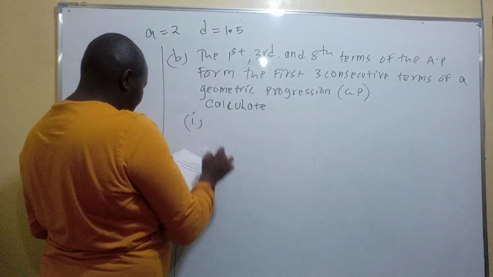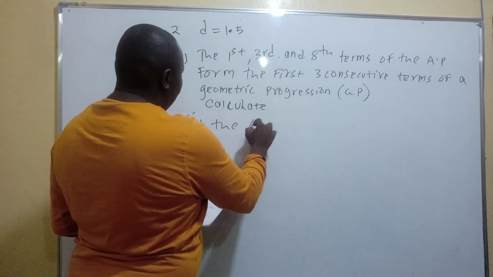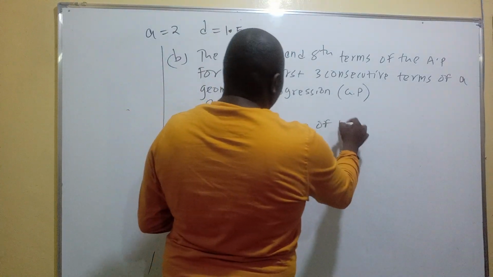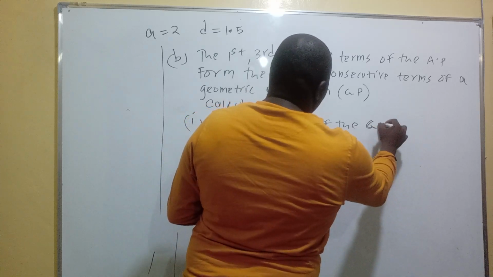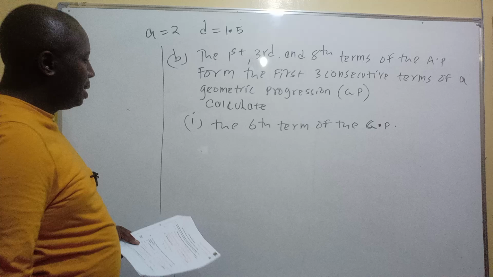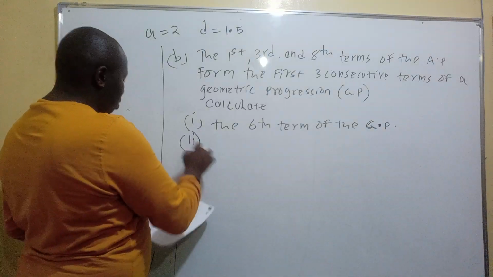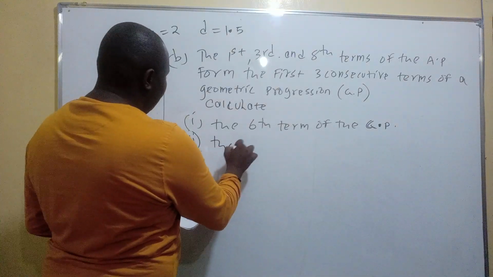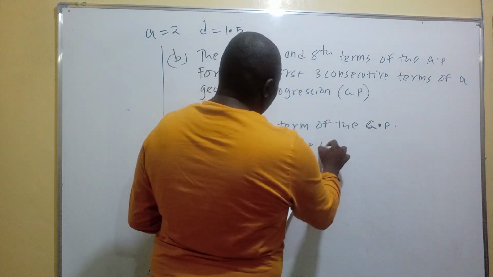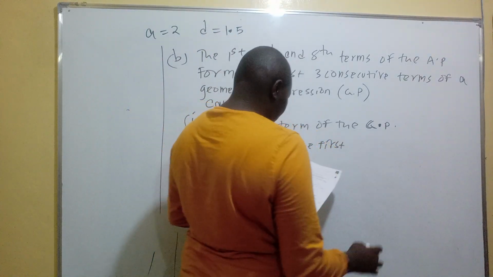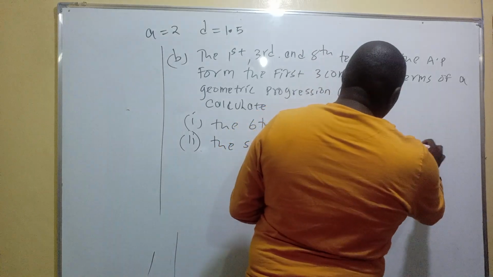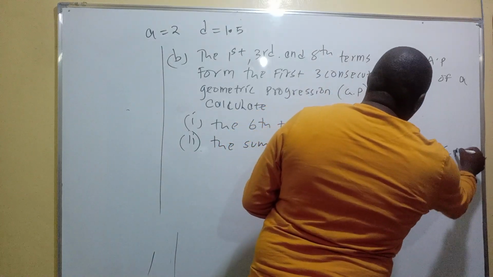Roman 1 is the sixth term of the GP. At Roman 2, we are told the sum of the first six terms of the GP.